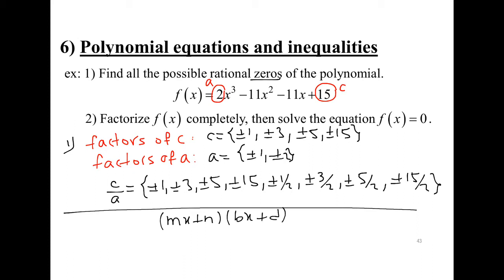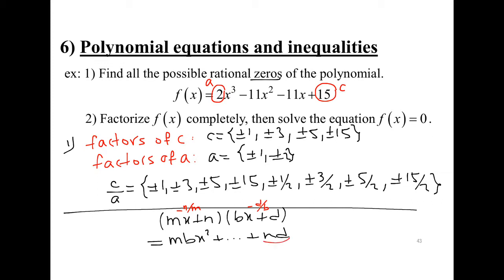If we expand this polynomial, the leading term would be m b x squared, and then we expand and simplify the rest, and the constant would be n times d. Now, if we look at the zeros of this polynomial, for the first factor it's negative n over m, and for the second one it's negative d over b.